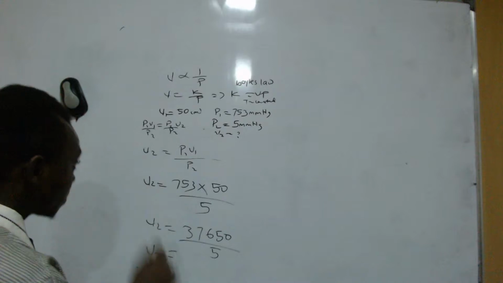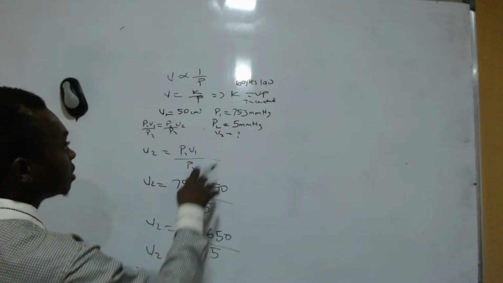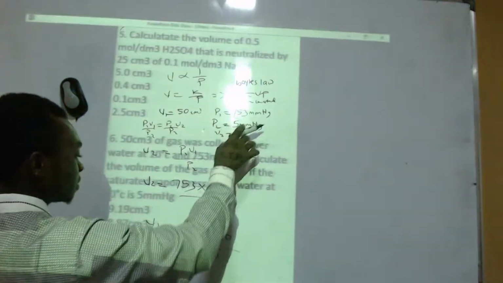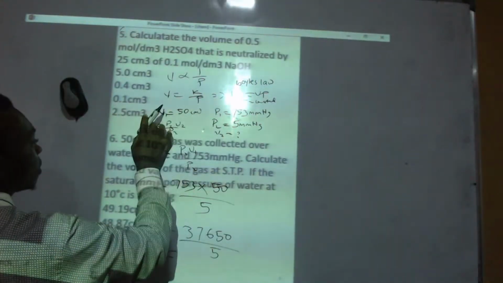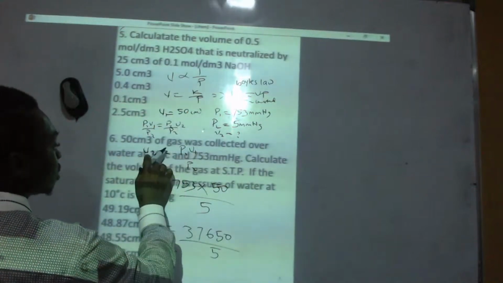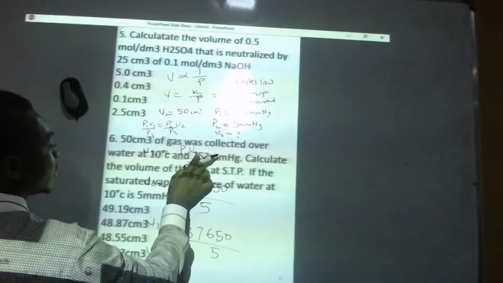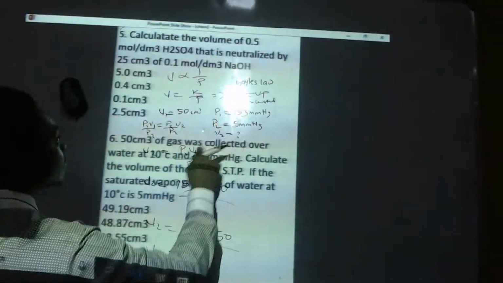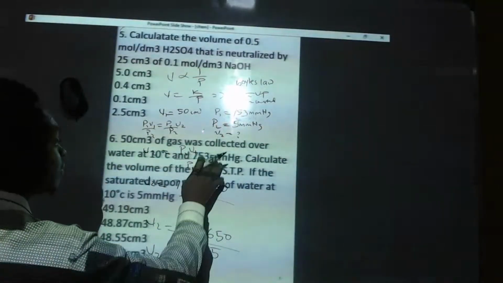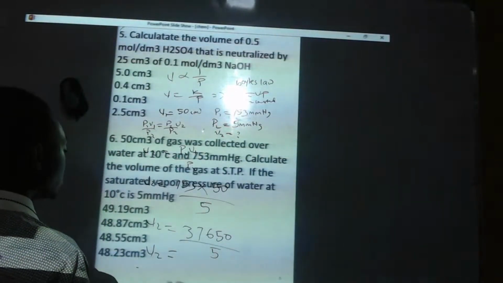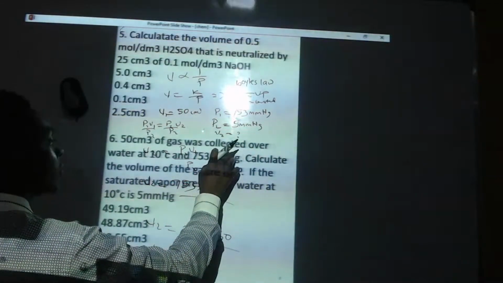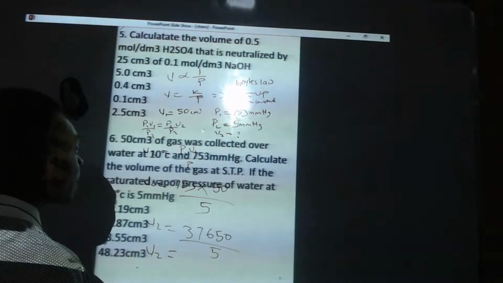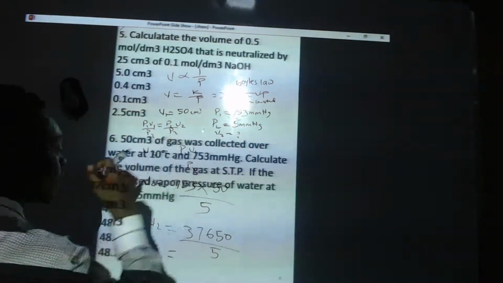Okay, let's go back to how we solved it again. I said once you get your first pressure, to get V2 from P1 V1 equals P2 V2, V2 is P1 V1 divided by your P2. Now your P1 was 753 millimeter mercury, your V1 was 50 cm cube, and then your V2 is what we are looking for.